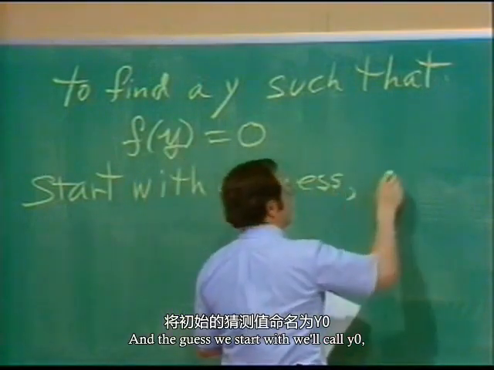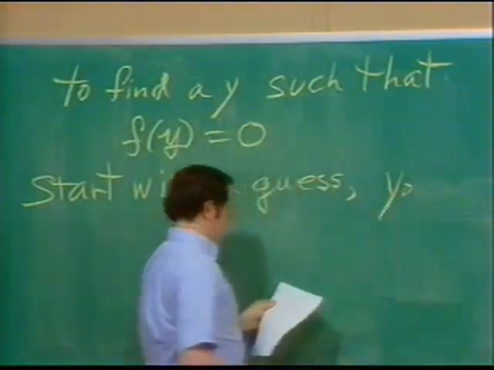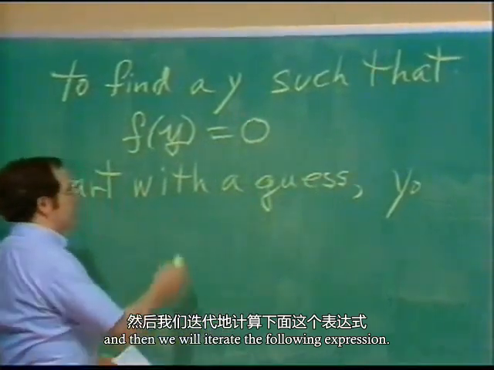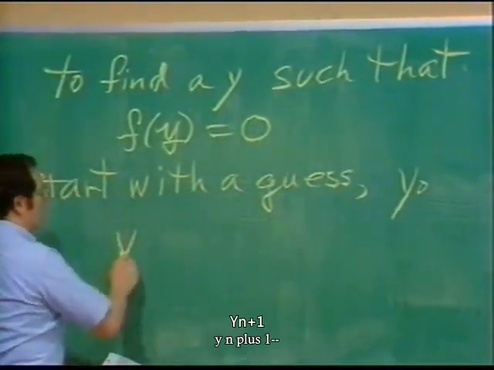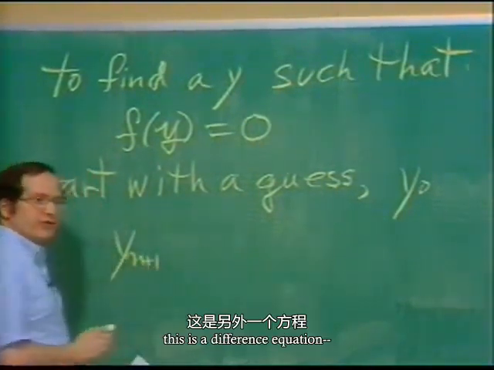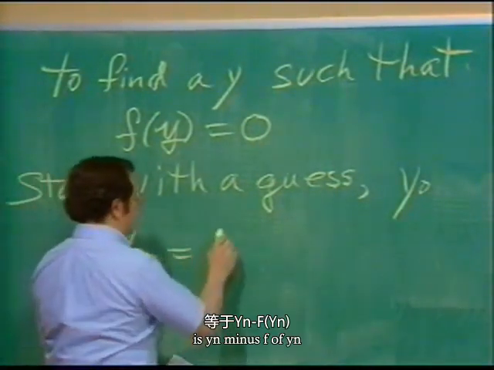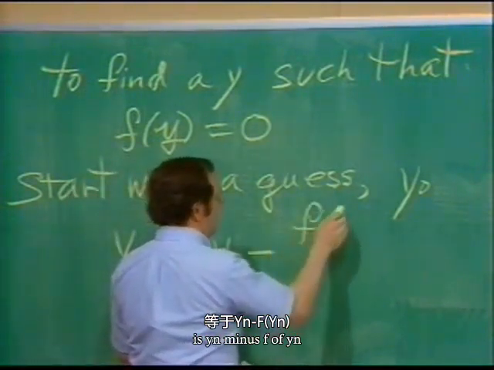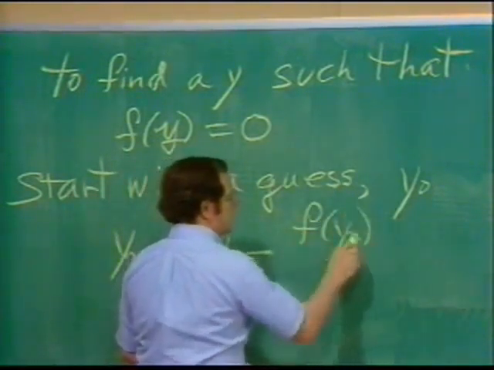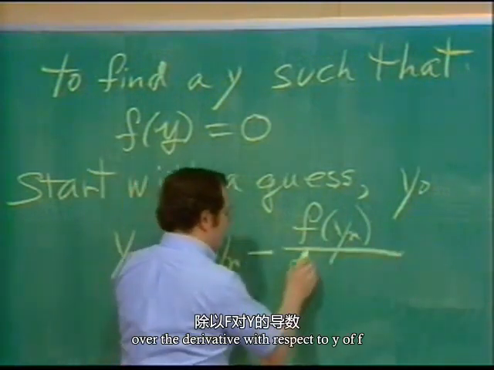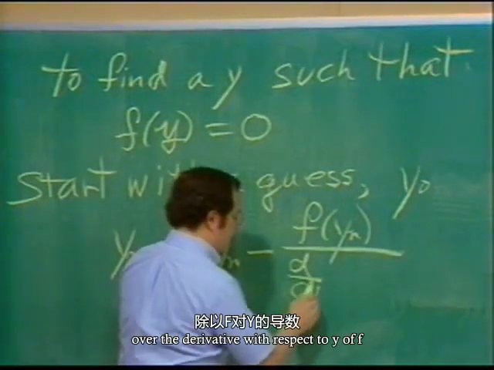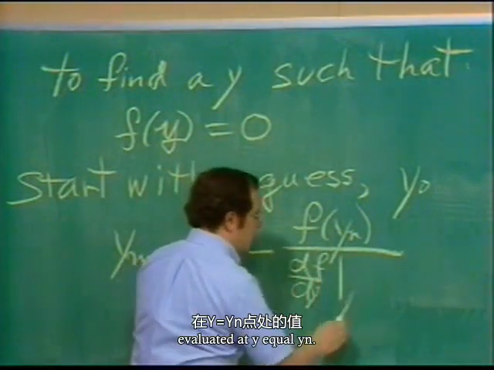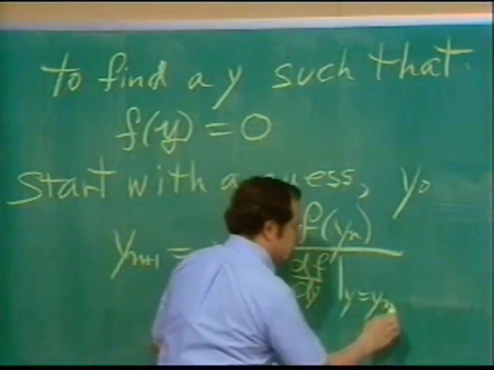And the guess we start with, we'll call y0. And then we will iterate the following expression. Yn plus 1, this is sort of a difference equation, is Yn minus f of Yn over the derivative with respect to y of f evaluated at y equal Yn.